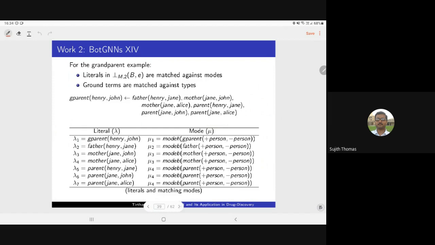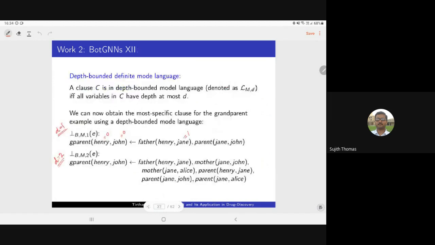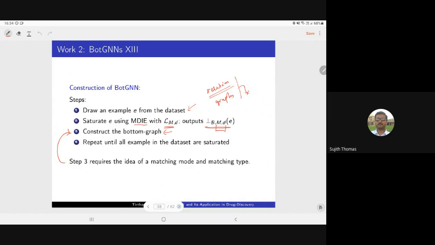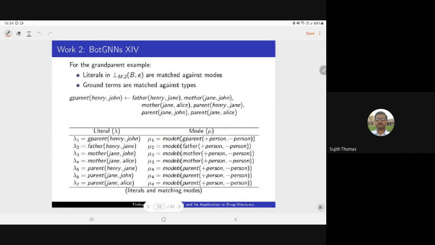Now let us talk about the bottom clause with depth 2 for the grandparent example. We are showing here the literals in the clause and the corresponding modes which match them. So we have these 7 literals. If you recall, the first was the head, and the others were all body.